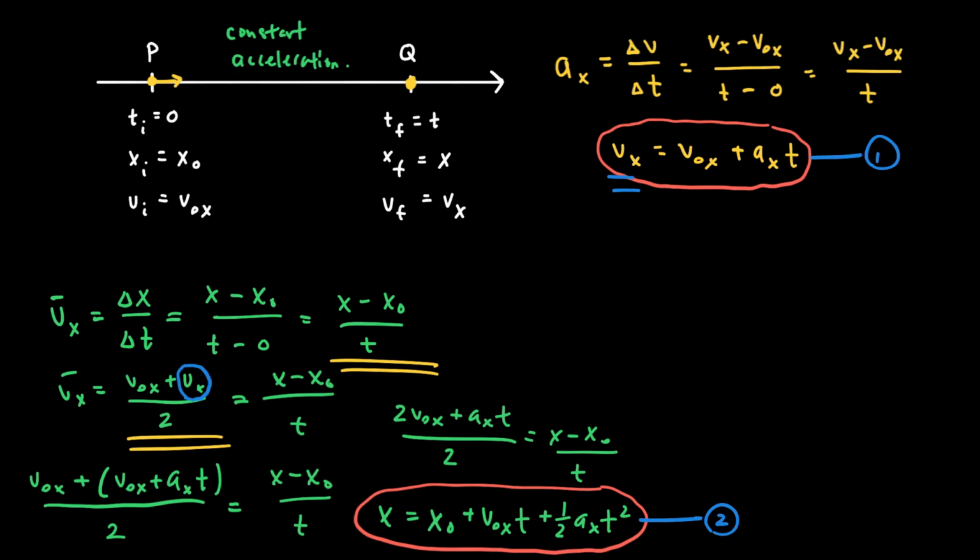The way that's going to work is ultimately we are going to take our first equation and solve it for time, and then we are going to substitute that expression into these places in equation number 2 where we see t again. And that will eliminate the variable, and then ultimately we will simplify that expression.